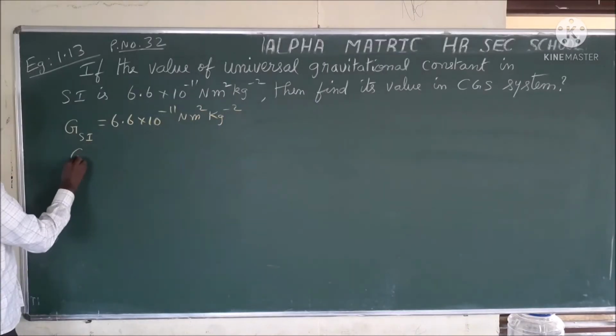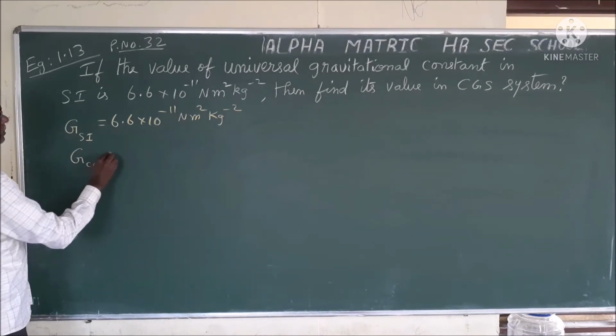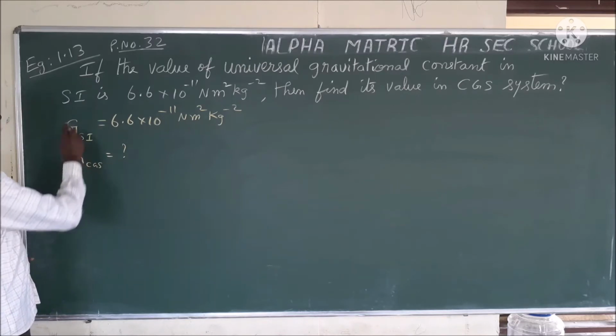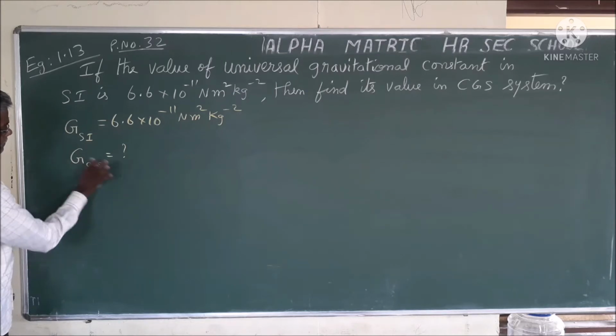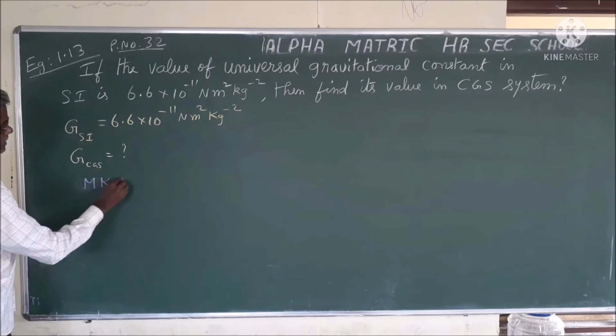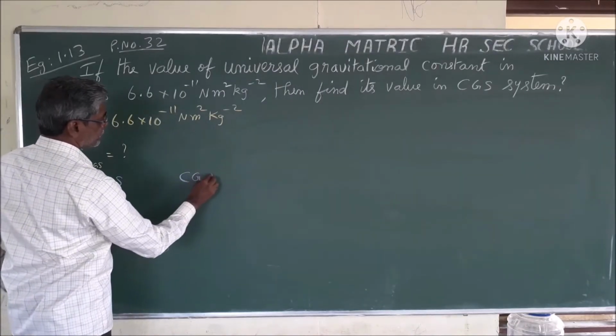What did I ask to find out? This gravitational constant in the CGS system. Now this SI system, I can write it as the MKS system, has to be converted into the CGS system.